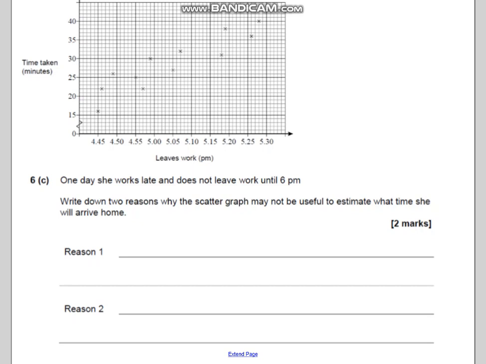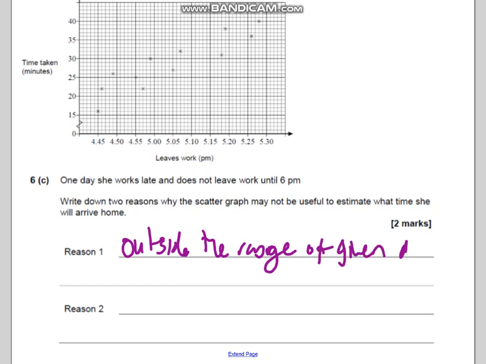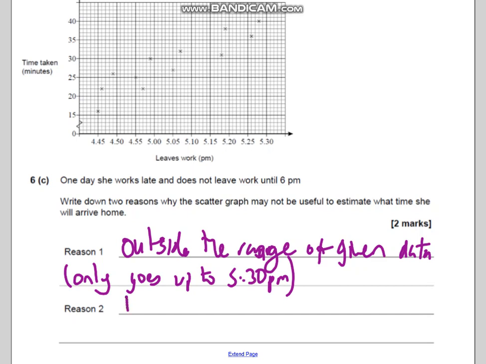Firstly, it will be outside the range of given data, because our data only goes up to 5:30. And the second reason is that traffic conditions would have changed.